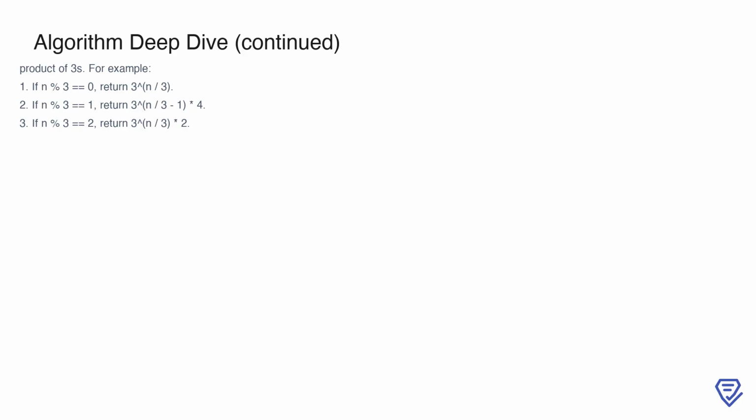For very large values of n, we can optimize the solution further by leveraging the mathematical insights directly. Instead of using dynamic programming, we determine the product based on the value of n modulo 3. If n is divisible by 3, the product is simply 3 raised to the power of n divided by 3.